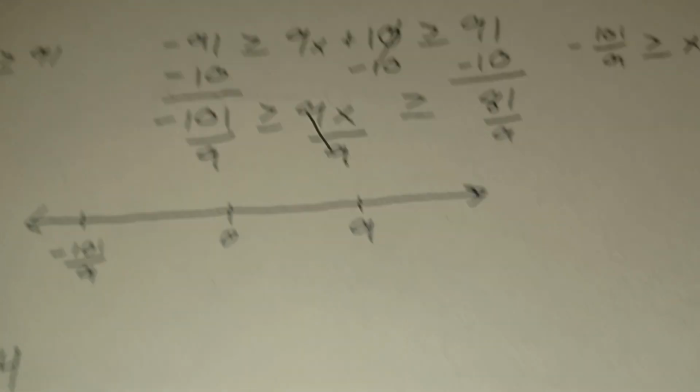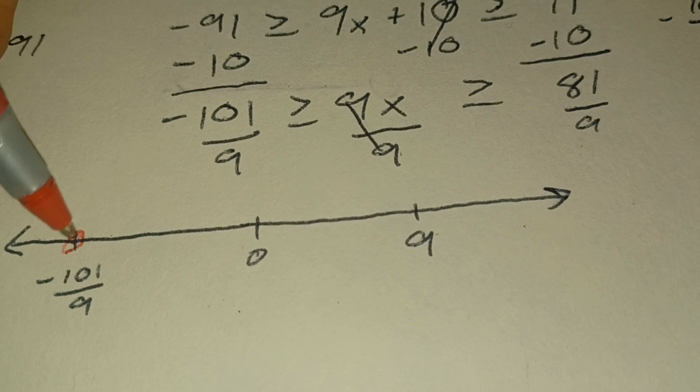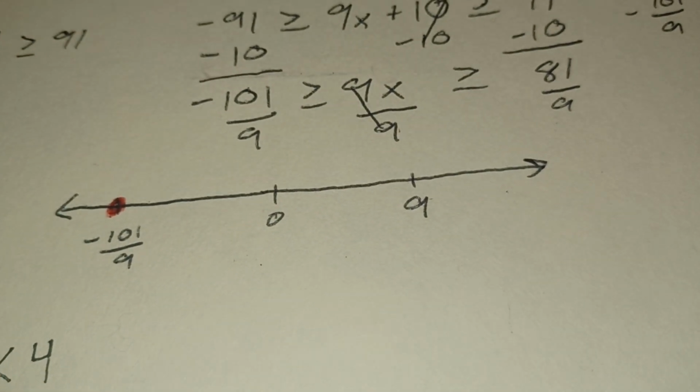All right. So, closed circle on negative 101 divided by 9.